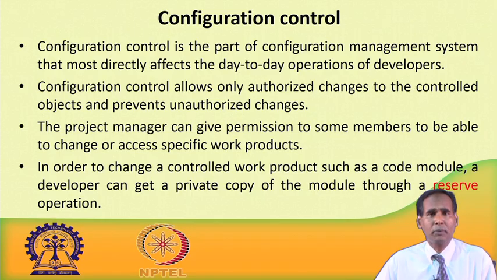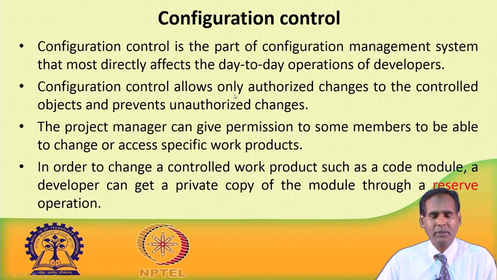Next, we will see configuration control, how to perform configuration control. Configuration control is the part of the configuration management system which most directly affects the day-to-day operations of the developers. It allows only authorized changes.